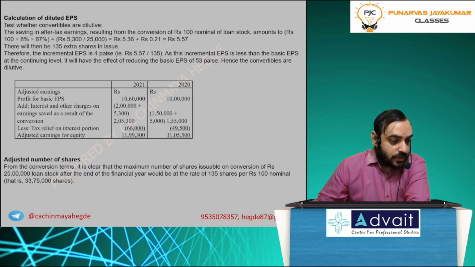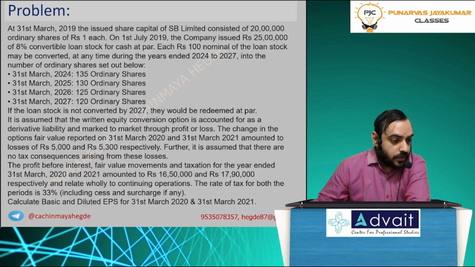So will you get this number? 4 paisa something. Are you getting it? 0.004. Just try it once more. 25 lakh into 8% into 67% plus 5,300 divided by 25,135.